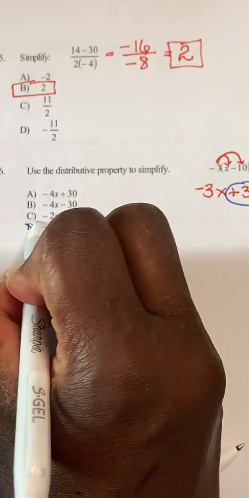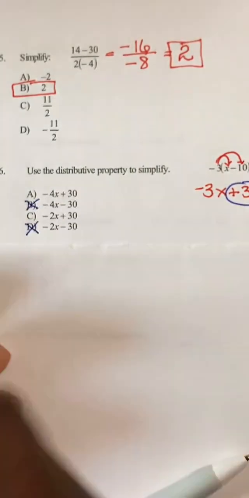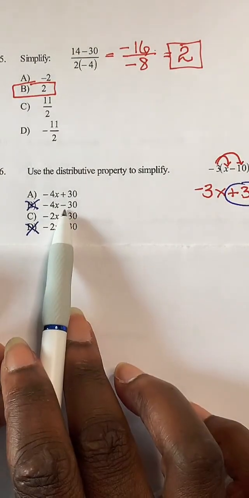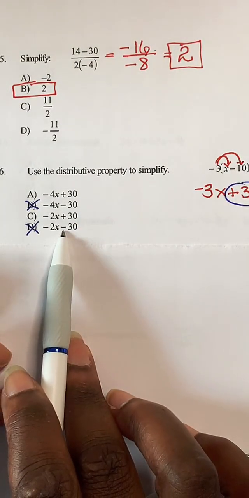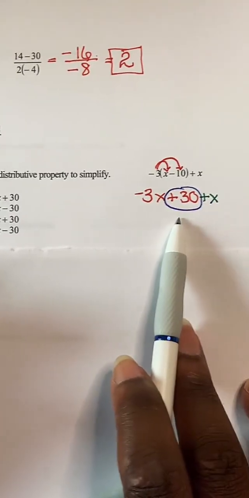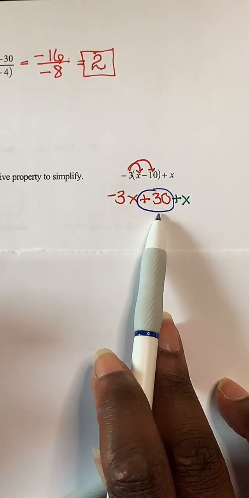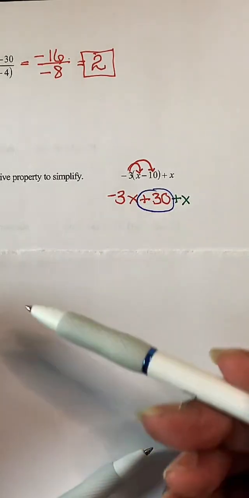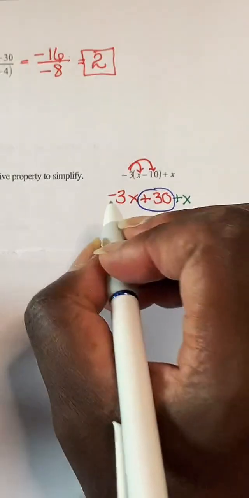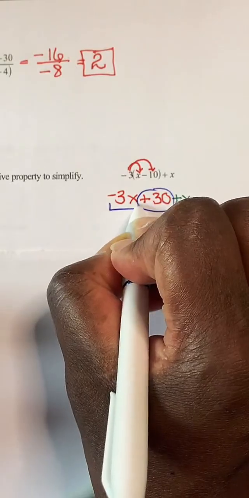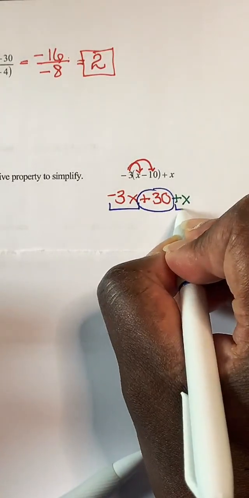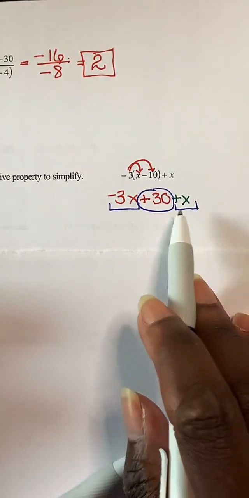Just because they're not next to each other doesn't mean that we do not have like terms to combine. Right away, when I see this plus 30, I'm going directly to my answers. Anything that has a -30, like D and B, they're gone, because they're saying the 30 is negative.